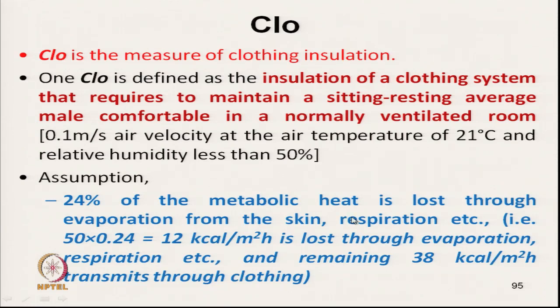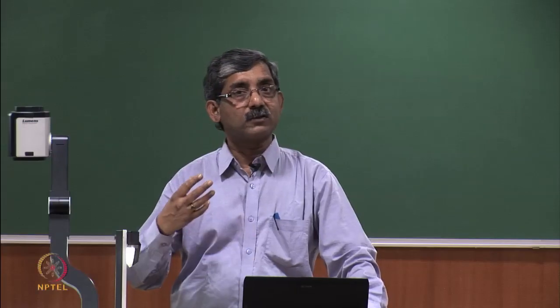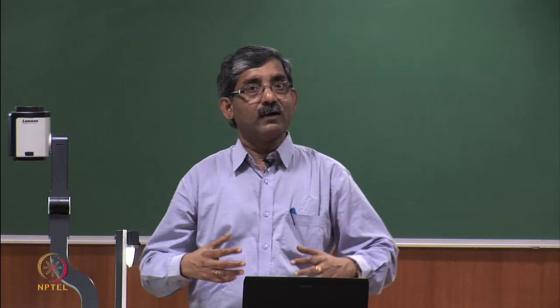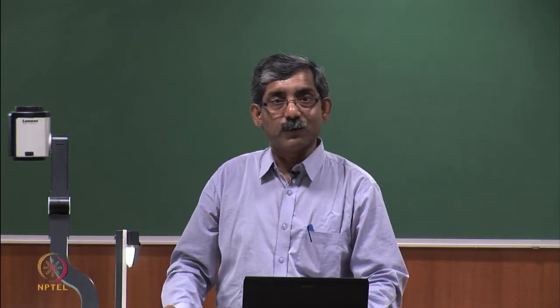24% of the metabolic heat is lost through evaporation from the skin and respiration. That means this 24% of the metabolic heat is lost where the fabric does not come into the picture.